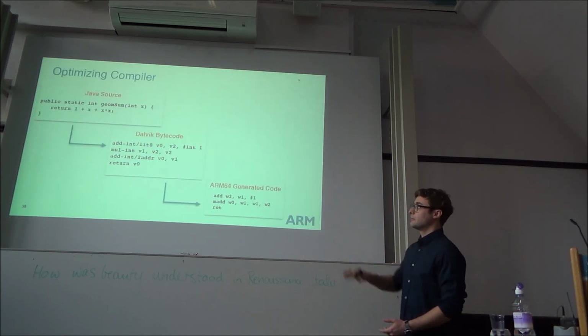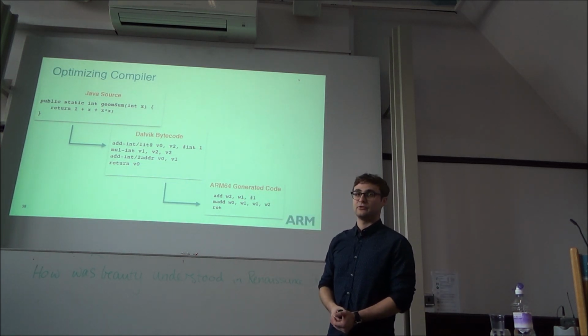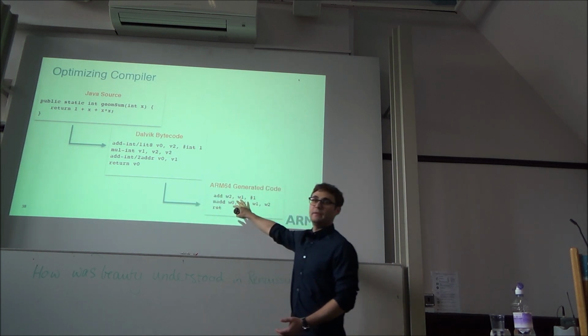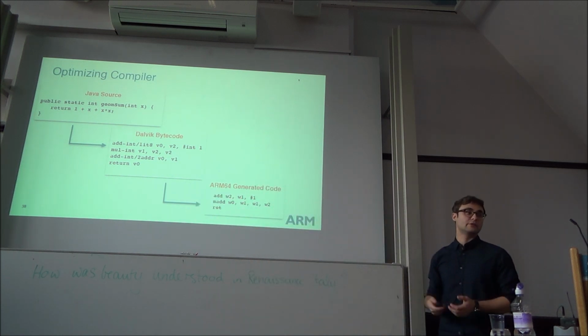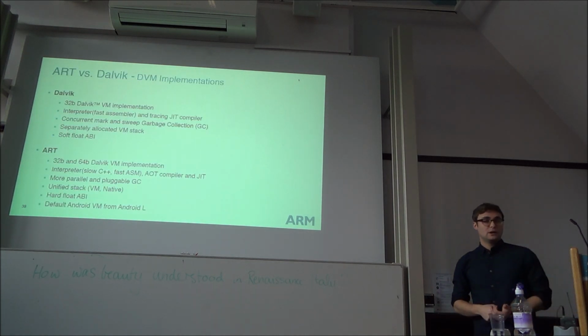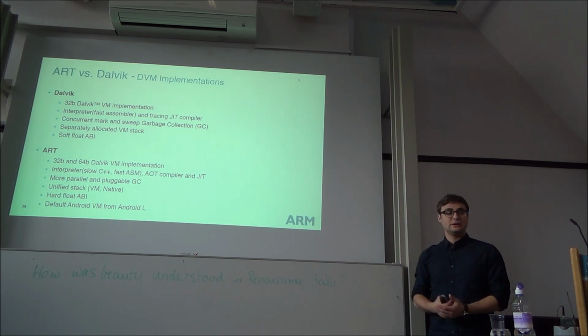So we go from Java to Dalvik to ARM64 generated code. In the next slides, I'll tell you more about this side here, how we generate the ARM64 code. We generate it in 2 ways. We generate it with a virtual machine.